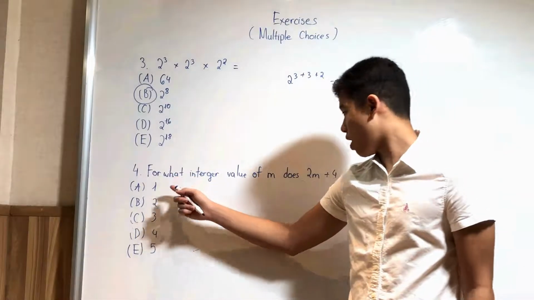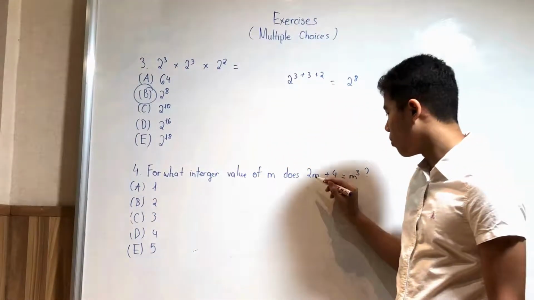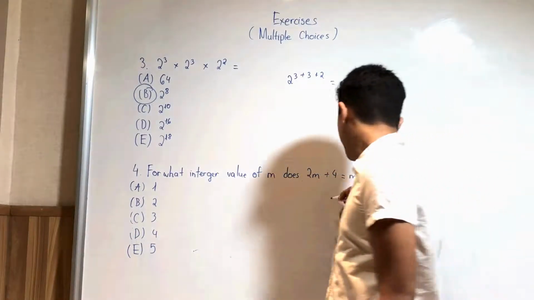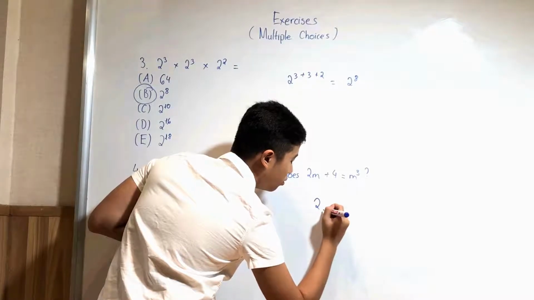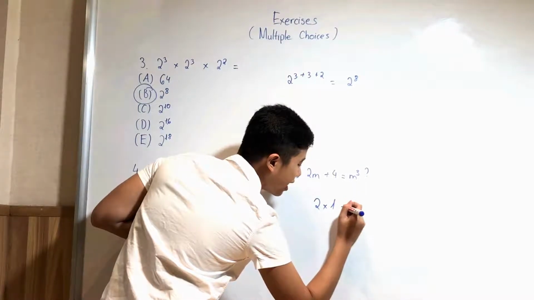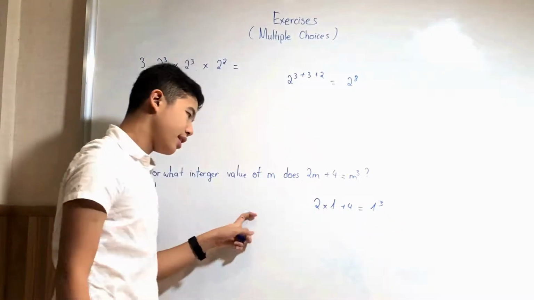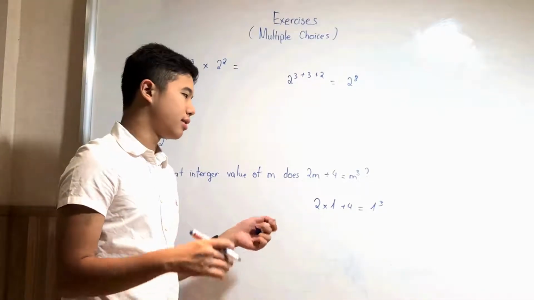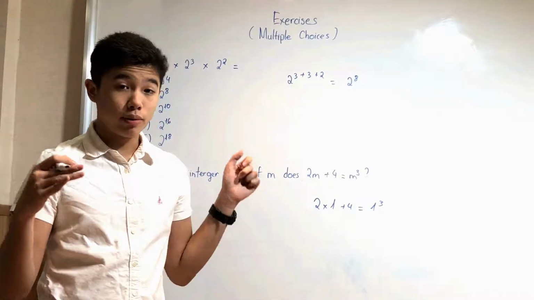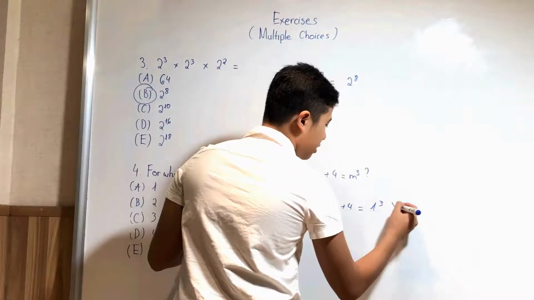We take 1 and put it in for m. That gives 2 times 1 plus 4 equal to 1 to the power of 3. 2 times 1 is 2, 2 plus 4 is 6, and 1 to the power of 3 is 1. So 6 cannot be equal to 1, so this is wrong.